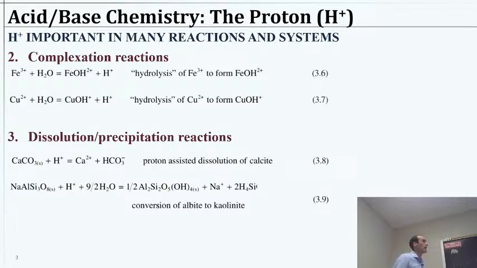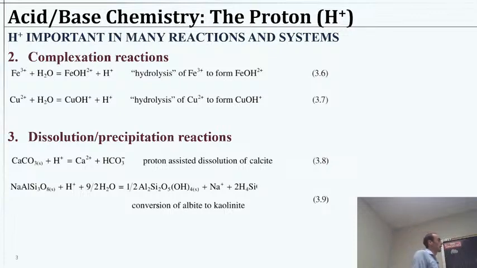If we're looking at how iron, for example, is complexed with water and hydroxide groups, and how copper might do the same, well, that's going to require the removal of a proton from water in order to do that. So the pH then is quite important there as well. So those are one case where it's important.